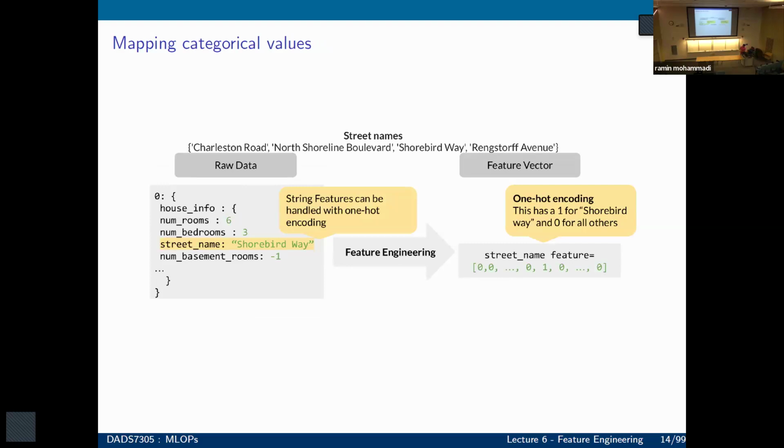For example, if you have a street name, it's a string. So instead of passing it in that way, as part of your feature engineering, you need some sort of numerical representation for it. In this scenario, we're doing one-hot encoding. Maybe the number of neighborhoods or streets in this example is really limited, so it's easy to do one-hot encoding.